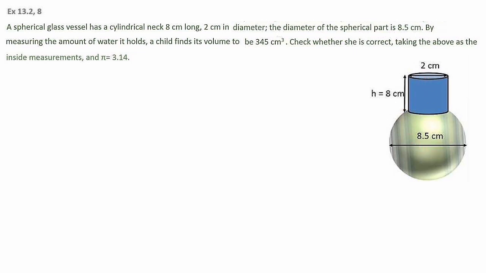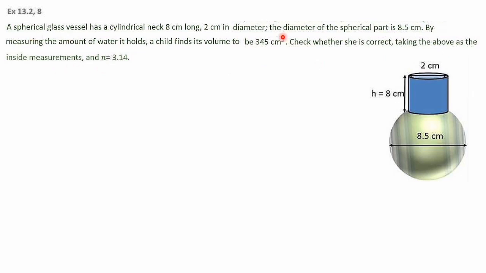And a particular child is measuring the amount of water it holds. What she measured is the quantity of water which can be placed inside this vessel. She measured and she found that the volume is 345 centimeter cube. You are asked to check whether she is correct or not by taking above as inside measurements.